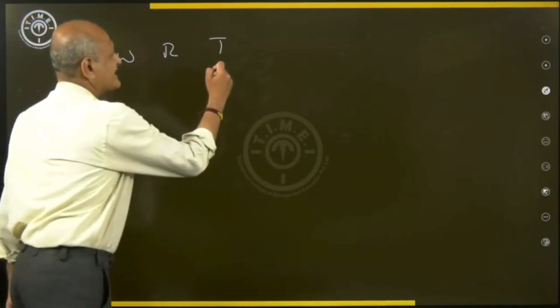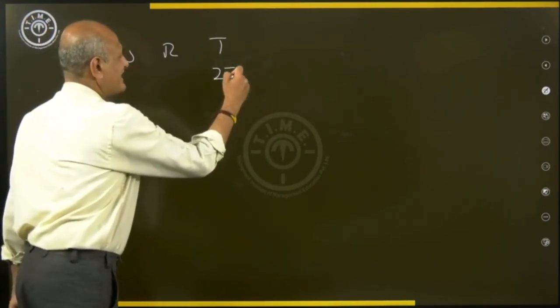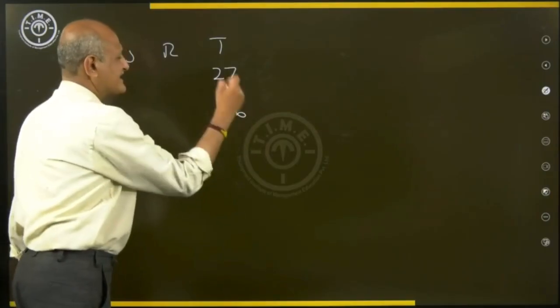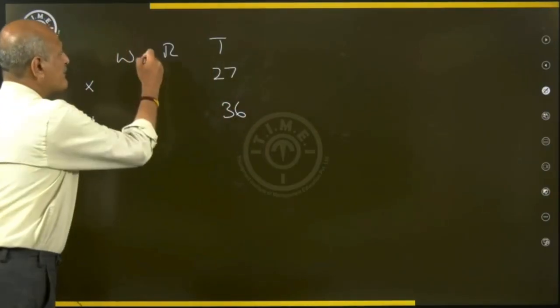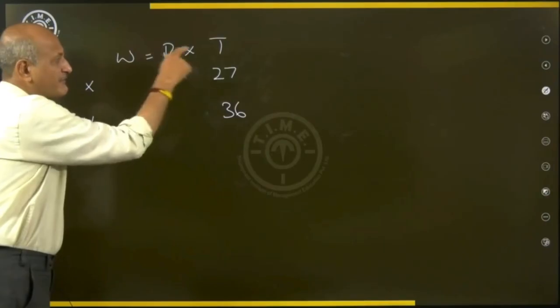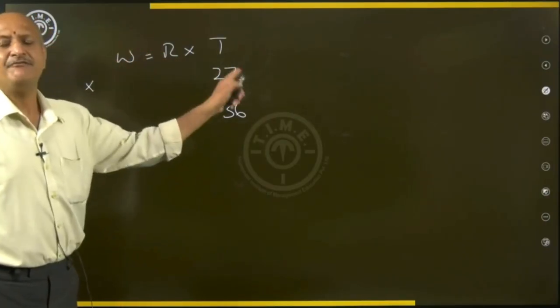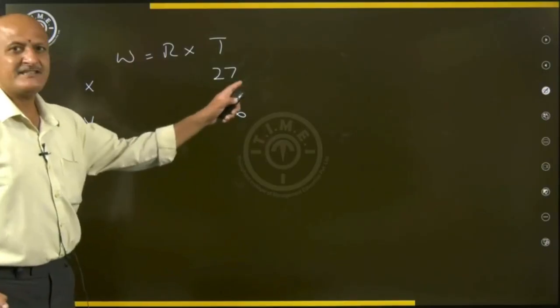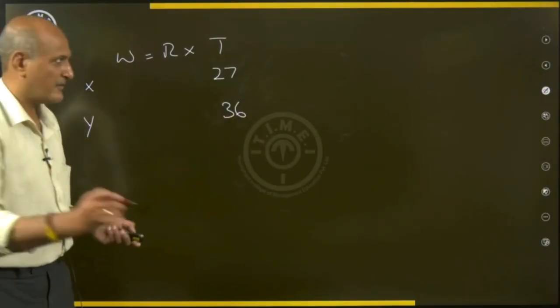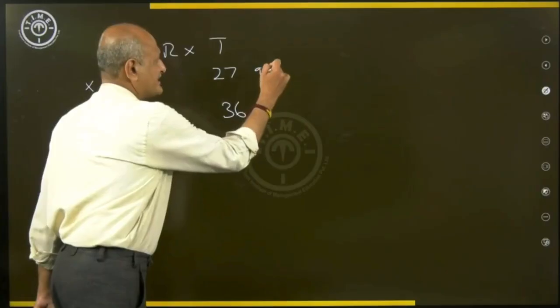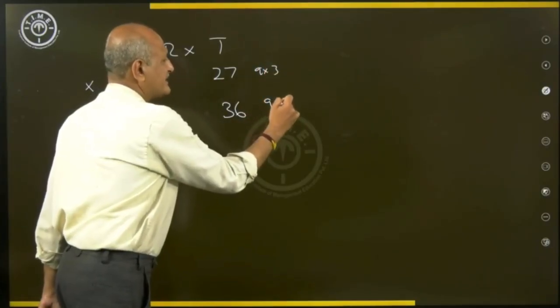Now what we are looking for is a number for work which is a common multiple of 27 and 36. Please mind it, 27 we know as 9 into 3 and 36 we know as 9 into 4.